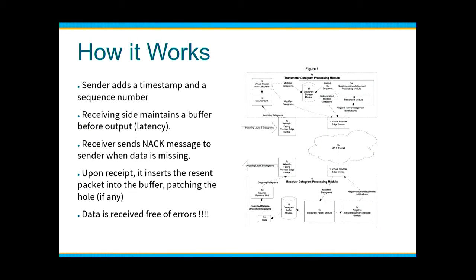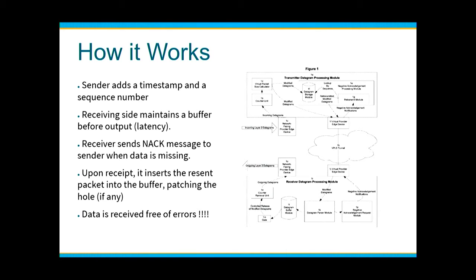So how does it work? The protocol itself. Ignore the image on the right, it is just one particular implementation, but typically they all have the same type of mechanism. You use a timestamp and a sequence number, a sequential number, on the sender side, and you tag each packet. With this data, the receiver can easily identify any missing packet by looking at the sequence numbers.